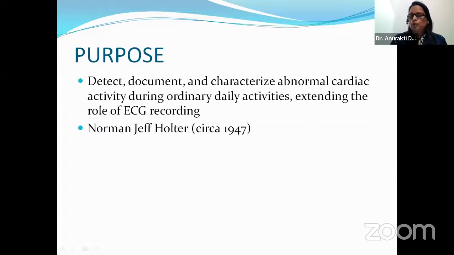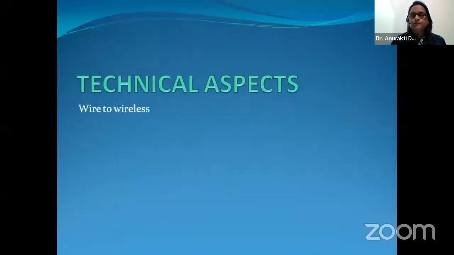We all know that it was first done by Dr. Norman Jeff Holter, after whom it's named Holter monitoring. And the present day nomenclature is ambulatory monitoring because its extended use has led to development of various techniques in the Holter monitoring. Let's go to the technical aspects first.